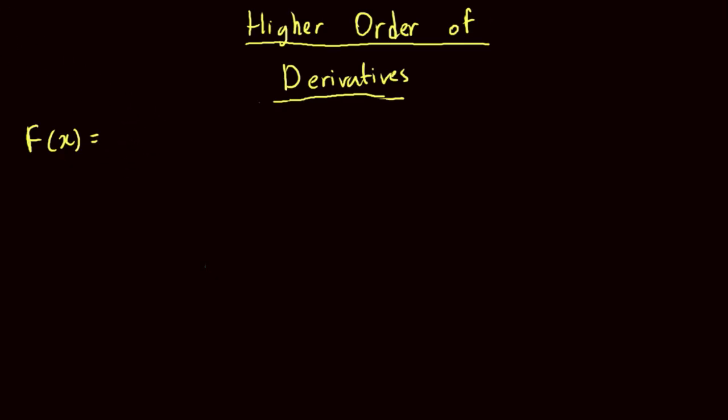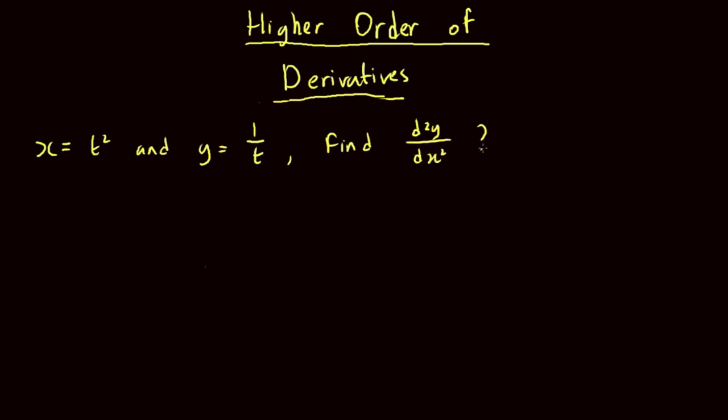Okay, let's say for example, let me erase this by the way. We say that we have a function x equals t squared and y equals 1 over t. We want to find d squared y over dx squared, the second derivative, and this is a parametric function. So how are you going to do it?